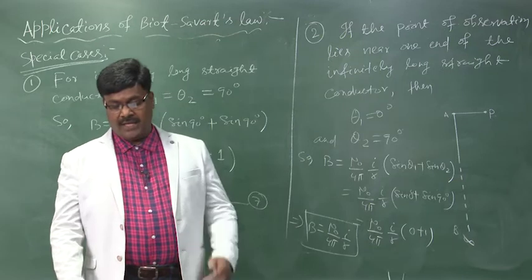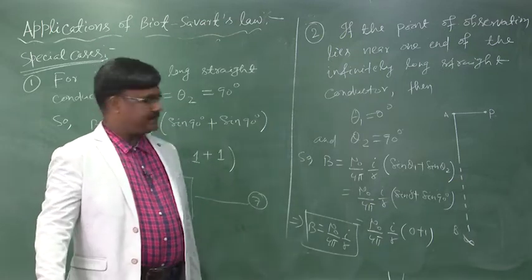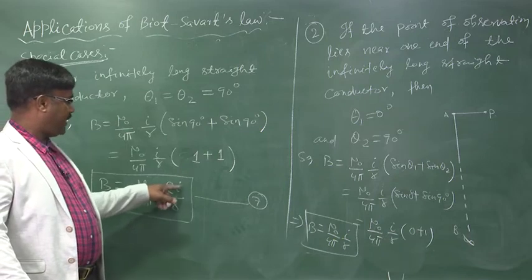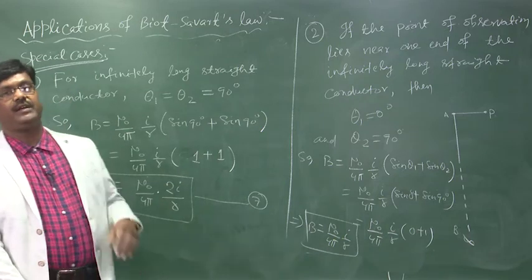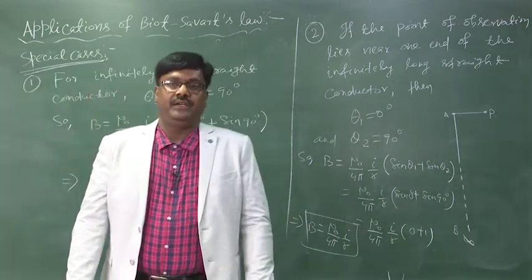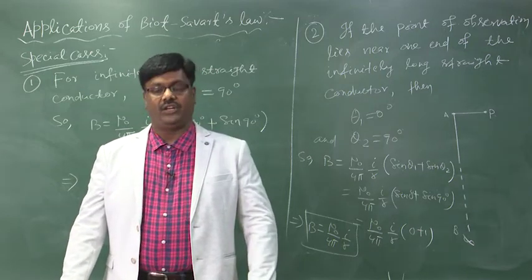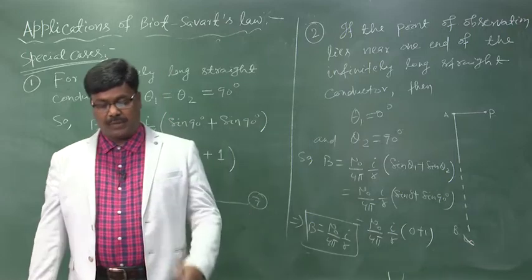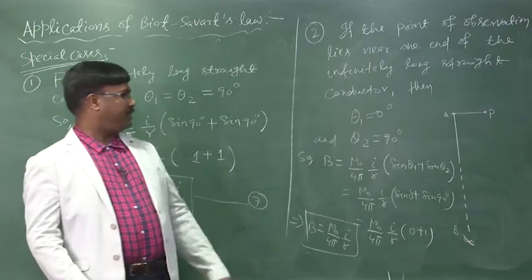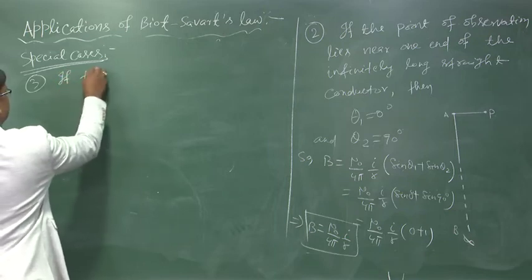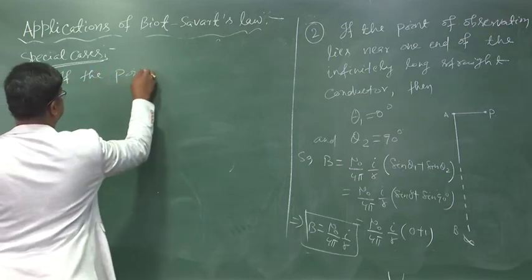So B is maximum, mu 0 by 4 pi, 2I by r, at the midpoint of an infinitely long straight conductor carrying current.